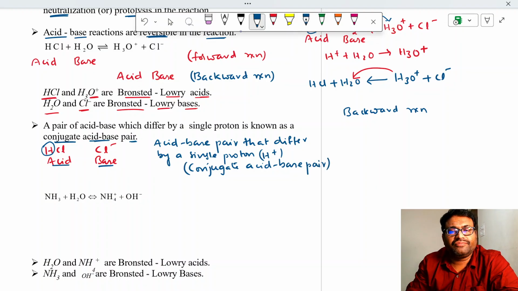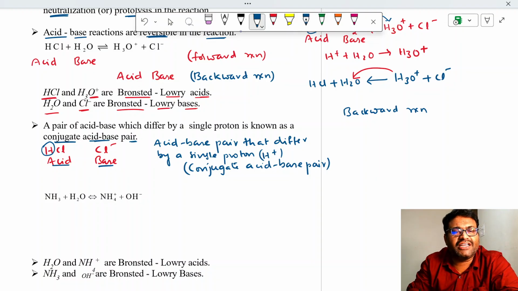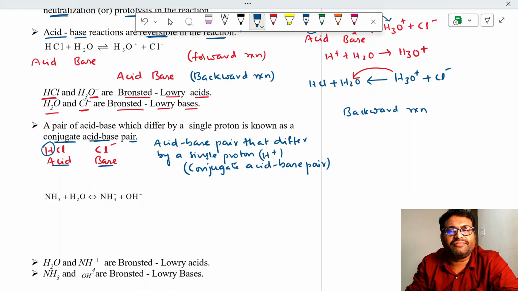Understood? So what is meant by conjugate acid base pair? The acid base pair that differ by a proton is called a conjugate acid base pair. See HCl, from this equation HCl and Cl minus are differing by a proton.